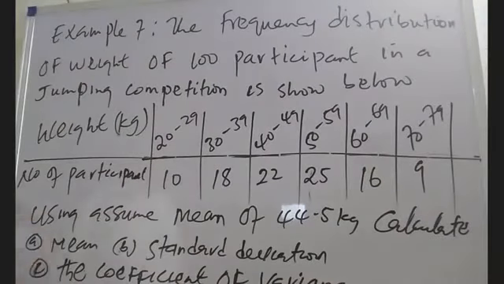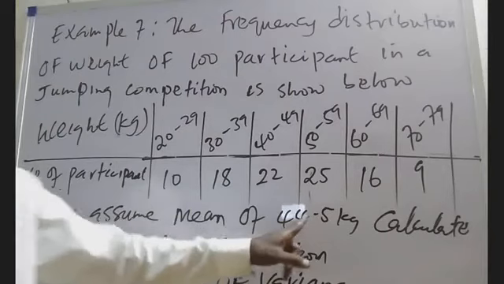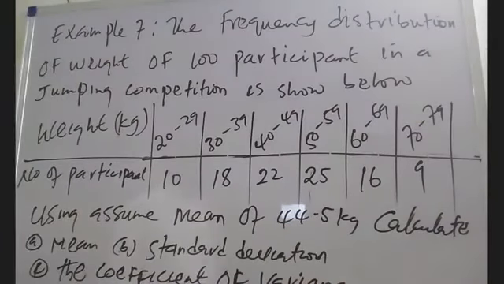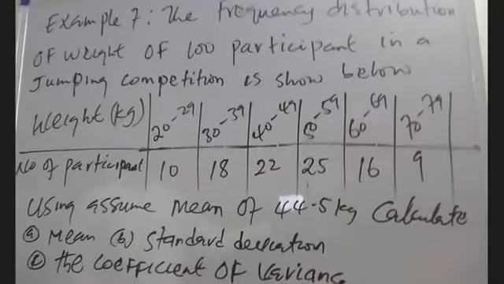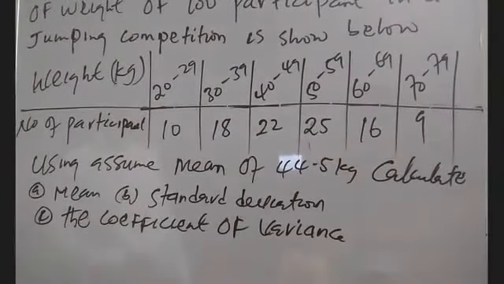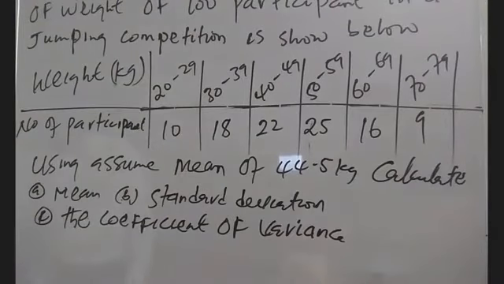Using an assumed mean of 54.5 kilograms, we are asked to calculate 1, the mean, 2, the standard deviation, and 3, the coefficient of variation.